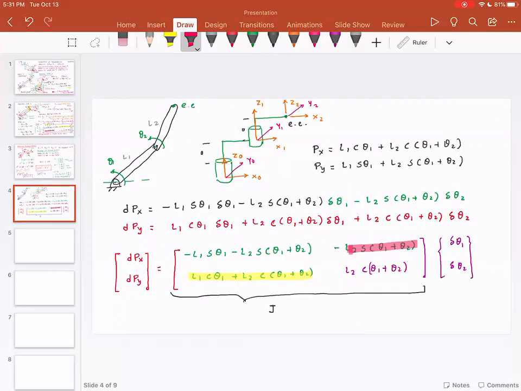L1 cosine theta 1, theta 2, L2 cosine theta 1, theta 2. Green part, top right. This term, L2 sine theta 1, theta 2, delta theta 2.